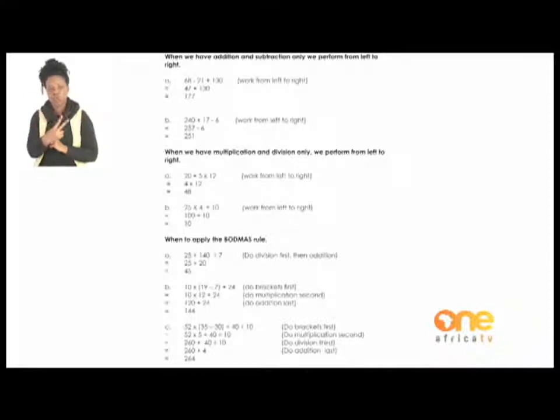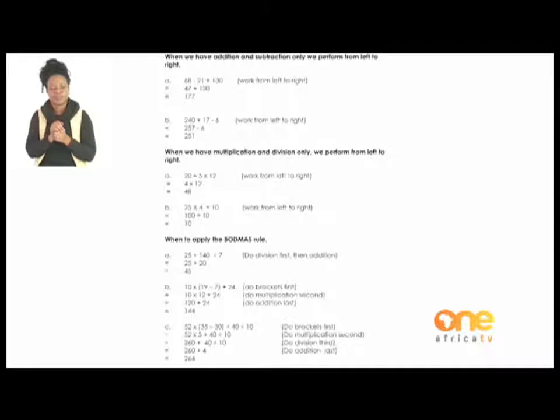Let's try when we have a multiplication and a division only. Remember again, BODMAS works from left to right. Multiplication and division is also like brother and sister. The one that comes first, that one we do first. Chanel, are we together? Yes, Chanel is together. So let's try 20 divided by 5 times 12.